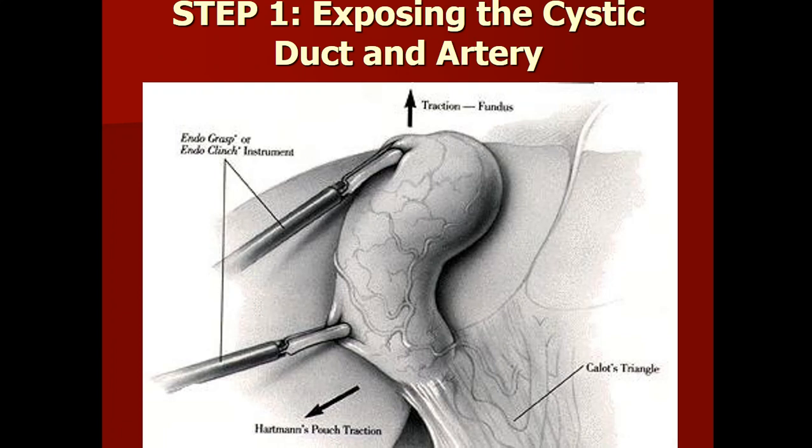So, the first step in laparoscopic cholecystectomy, for example, is exposing the cystic duct and artery. That's forming the critical view, with the traction of Hartmann's pouch and the traction of the fundus of the gallbladder to expose the cystic duct and artery and to see this specific Calot's triangle.